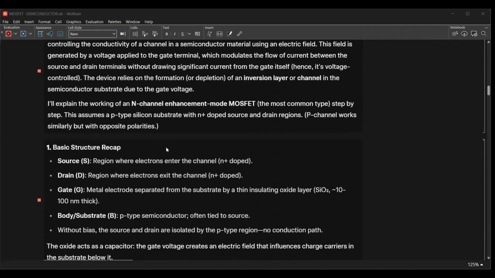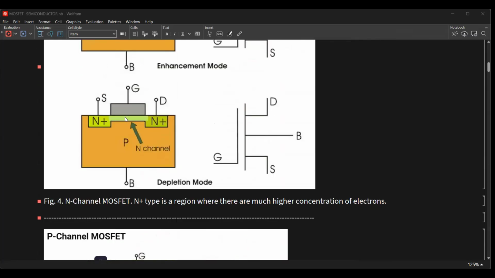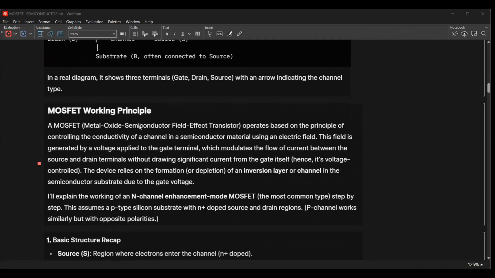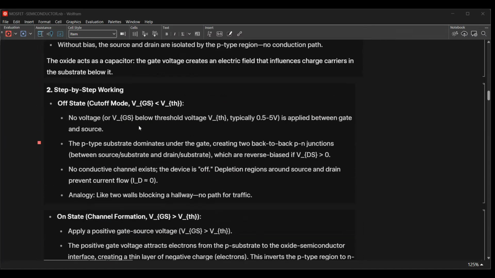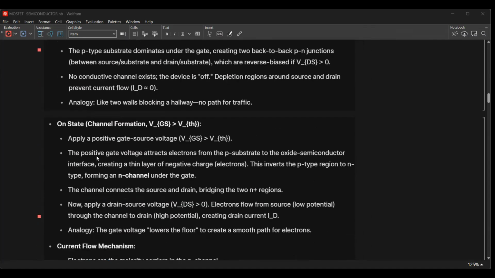So we have the formation of the N channel here. This is the N channel, and this is the P substrate. In that N channel, the positive gate voltage attracts electrons from the P substrate to the oxide-semiconductor interface, creating a thin layer of negative charge electrons.